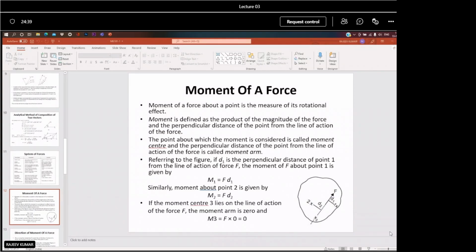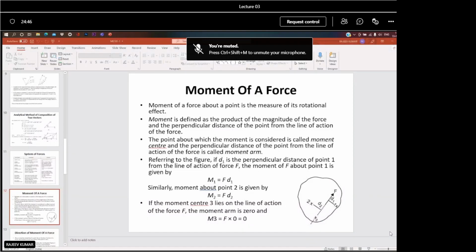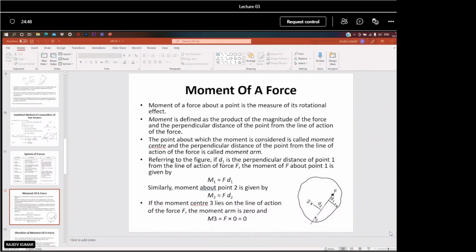Then the system is coplanar, because all the forces are in the plane, but they are not concurrent. So we say it is a coplanar non-concurrent force system. When this situation is there, what will happen? Then moment will be produced.